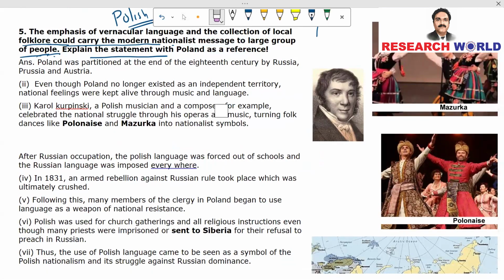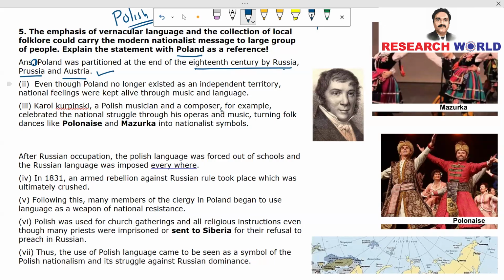Let's see those points. Okay, if such a question is being asked to cite Poland as a case study or example, the answer will carry the following points. 1. Poland was partitioned at the end of 18th century by Russia, Prussia, and Austria.